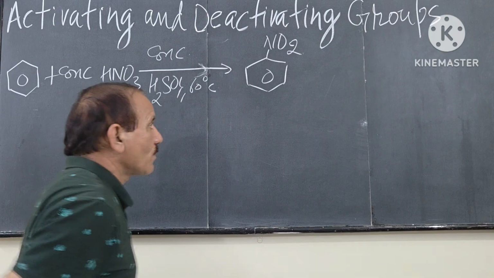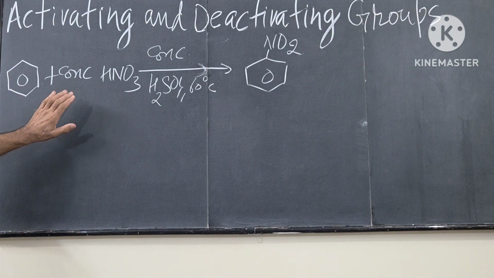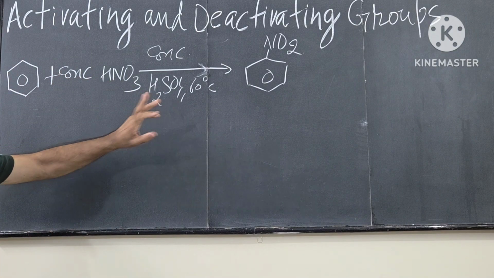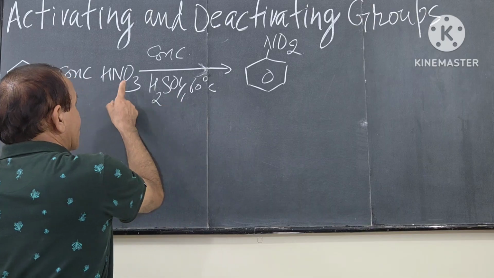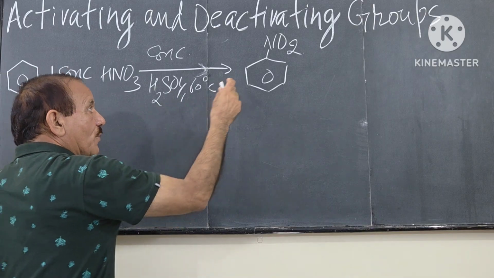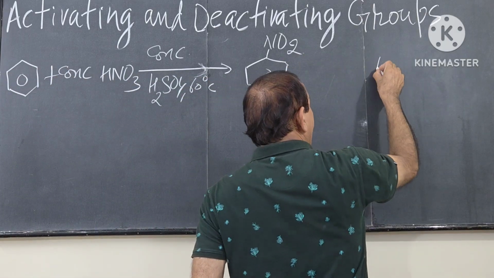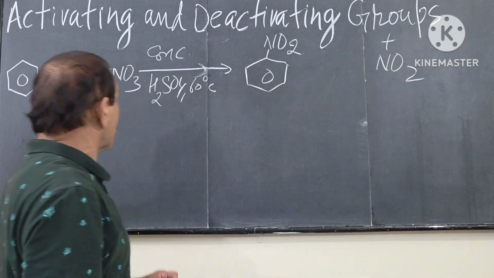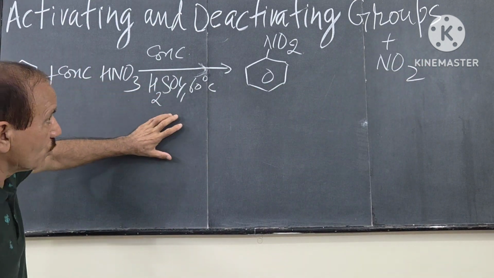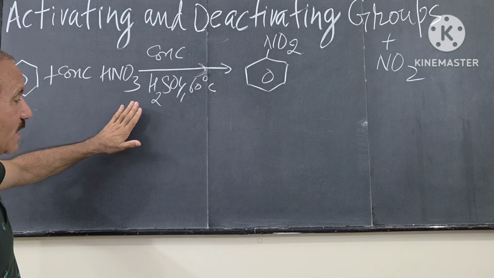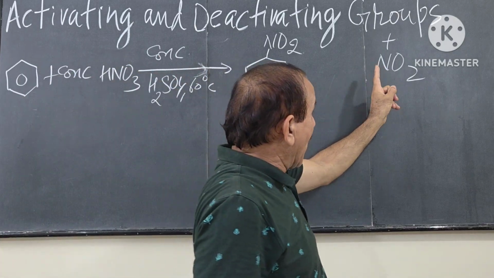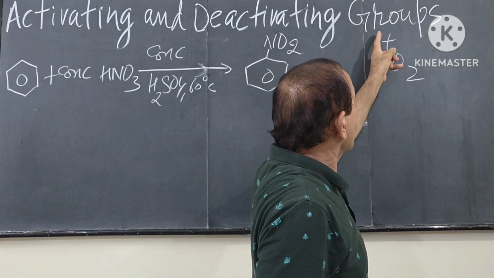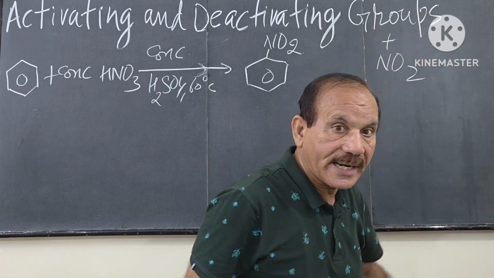What happens? A mixture of these two acids, that is your HNO3 and H2SO4, first produces NO2 positive, which is your electrophile, a cation.